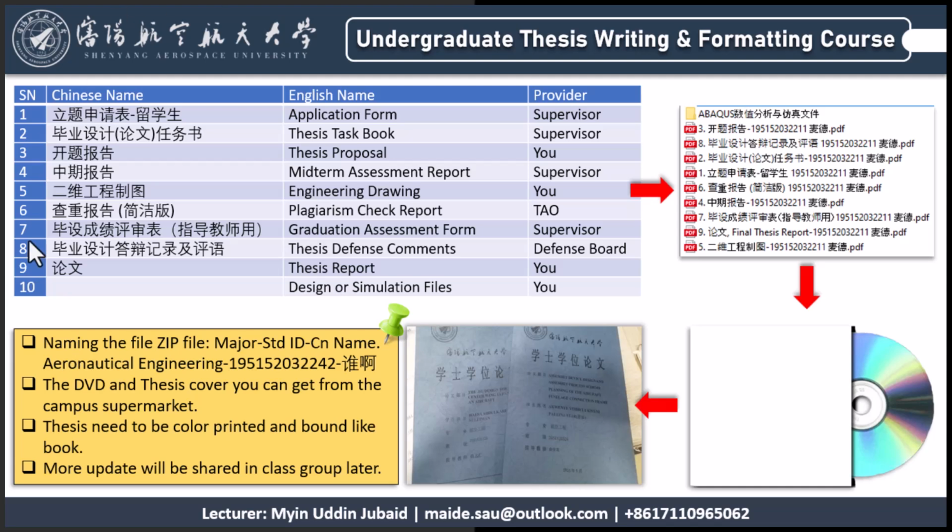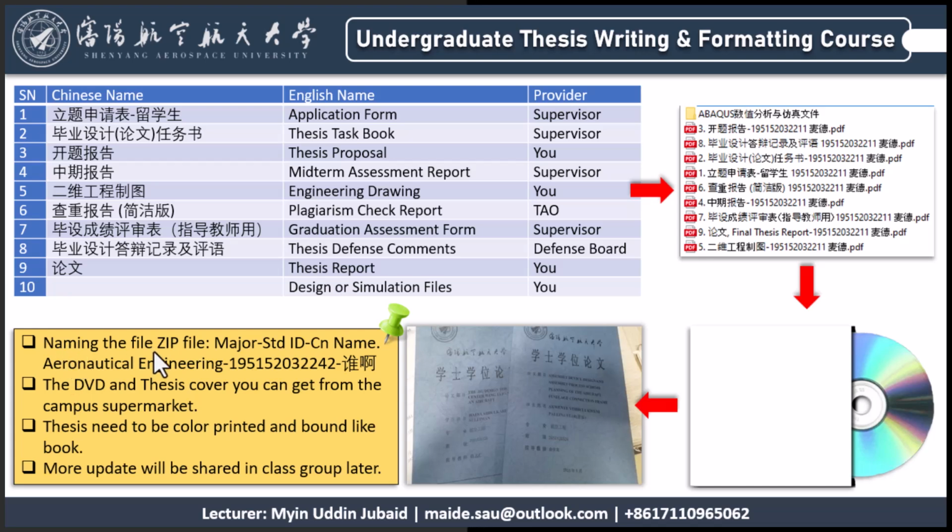So when you rename the file for all of them, you see there are certain serial numbers, and then the Chinese name for the file, and then your student ID, and then your Chinese name, and all of them are in PDF file, not Word format, because as you know, Word format can change the formatting on another computer, which is not the same version as yours, maybe. So always submit all the files in PDF, even when you submit me the thesis feedback form.